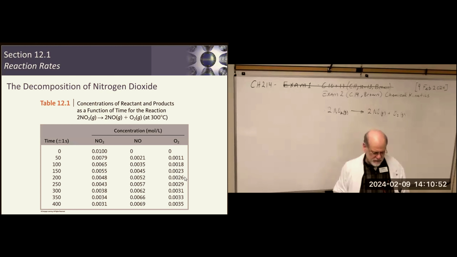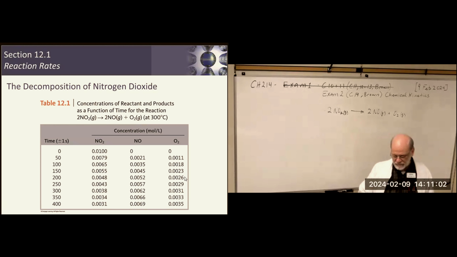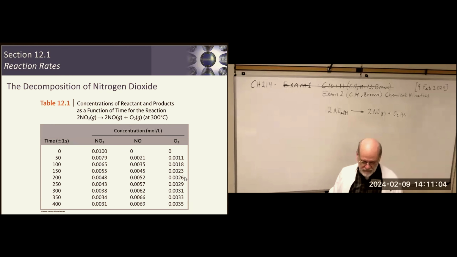A lot of these examples are going to be gases. It's easier to study the reaction rates of gases than others, although it is done, but when you first get started, we need the easy route.